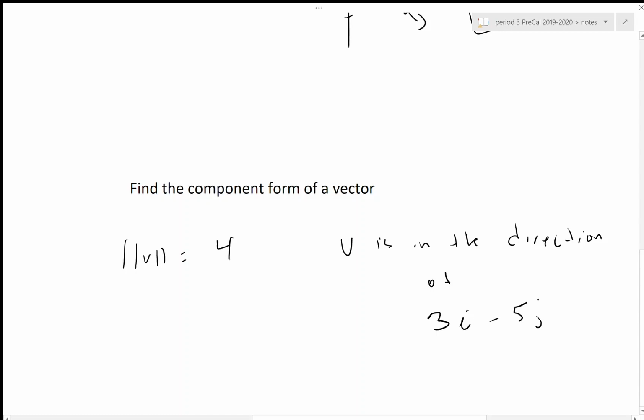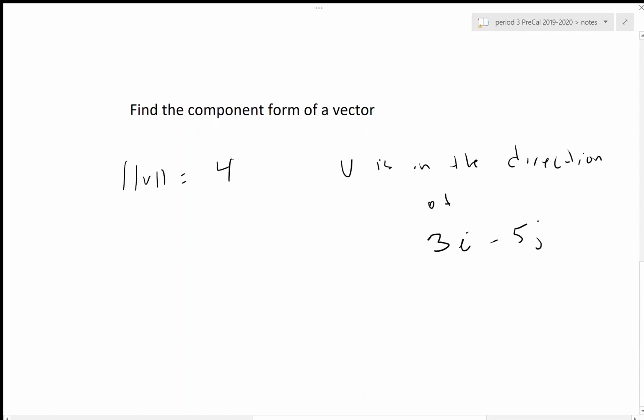Okay, so remember, to find the component form, it's basically like we did the other day.